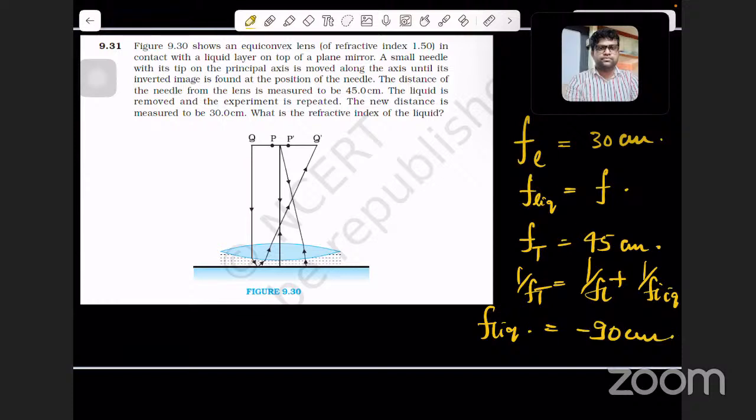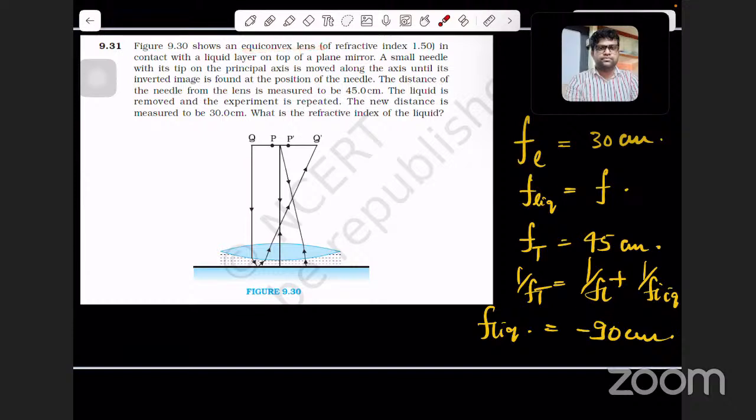Now, let mu1 be the refractive index of the liquid, and the radius of curvature of one face be r. For the other surface, it will be minus r, because it's an equiconvex lens.